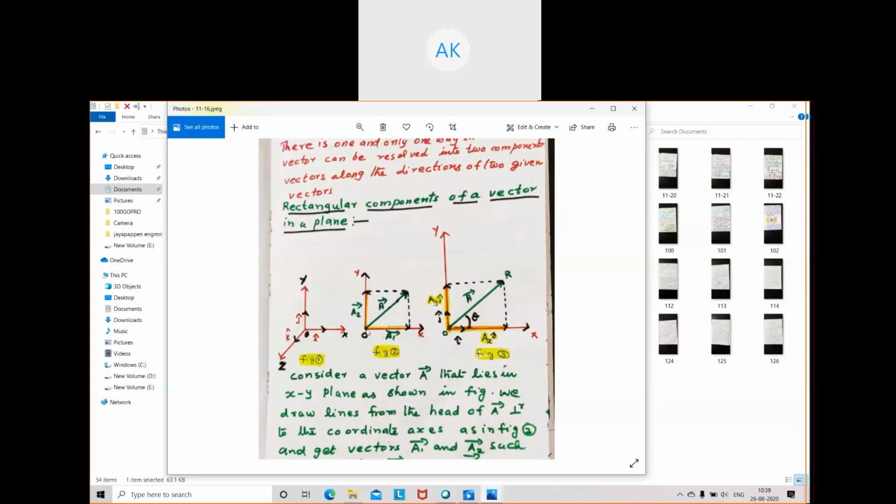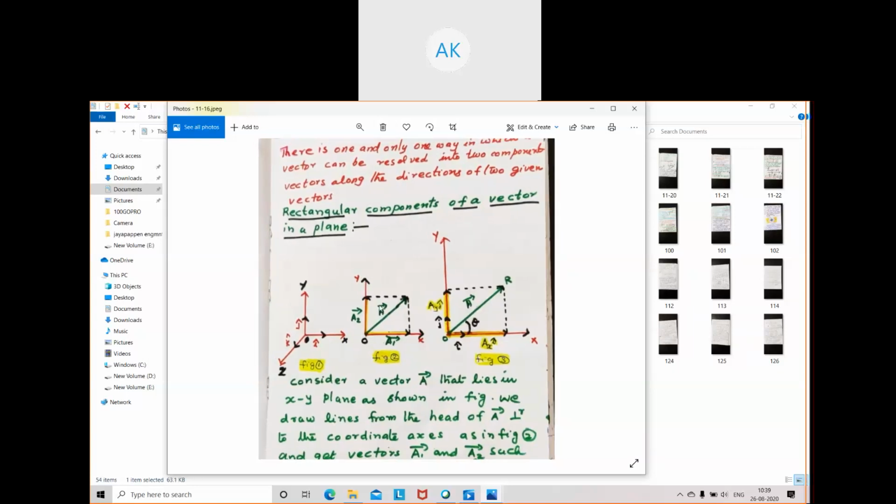Only 2 steps so far. First, you have drawn vector A, in green color, with the arrow mark, and O is the tail of the vector. Suppose this is another point P.